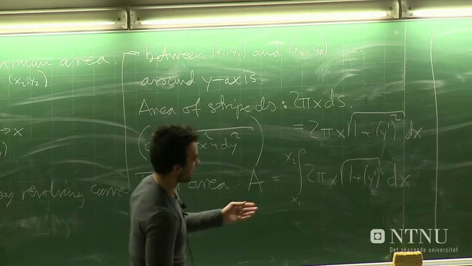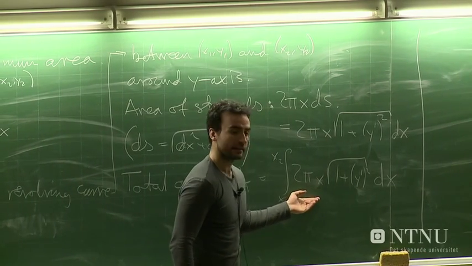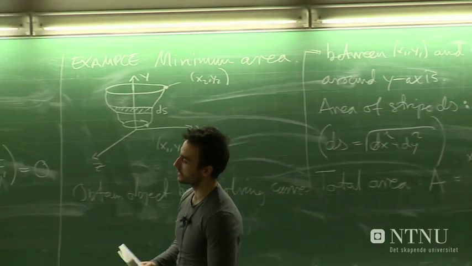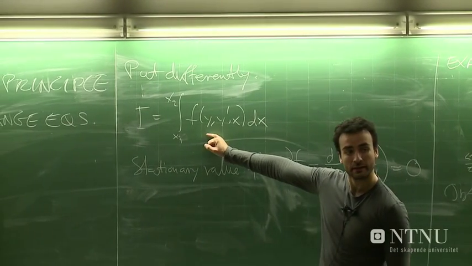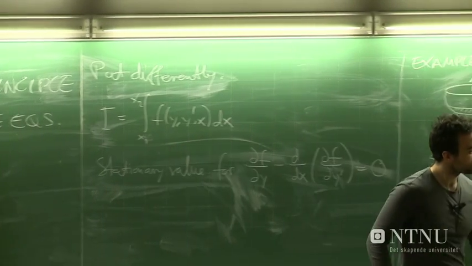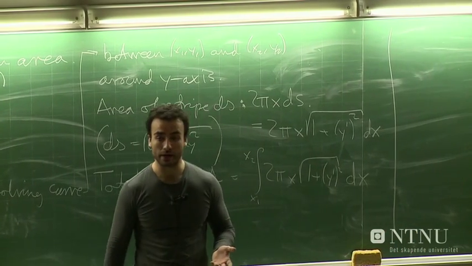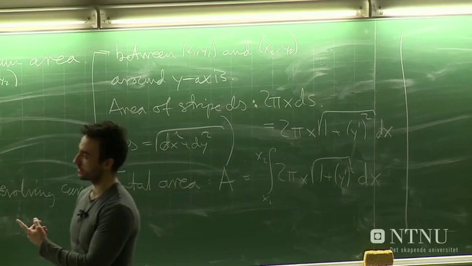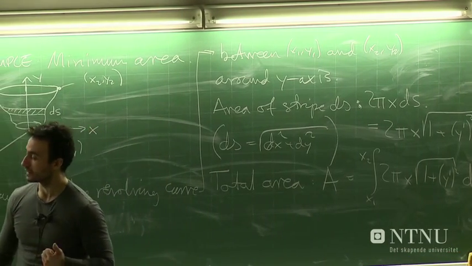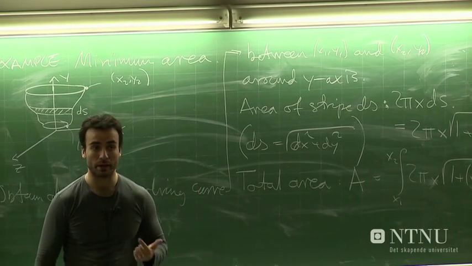And as you can see, this integrand actually has precisely this form. It's a function of x and y prime. There's no dependency on y, but that's okay. This function should just in general, it can in general be a function of y, y prime, and x.